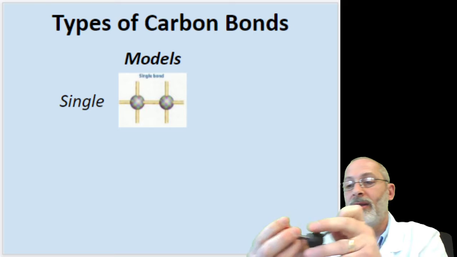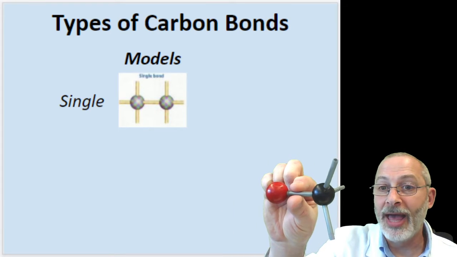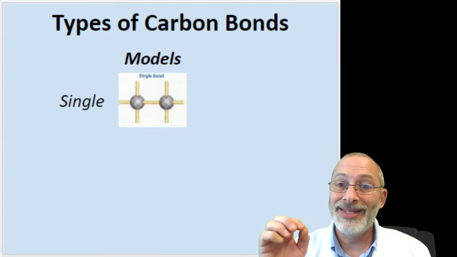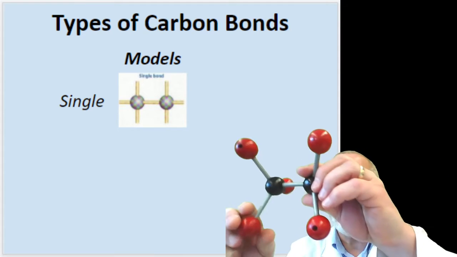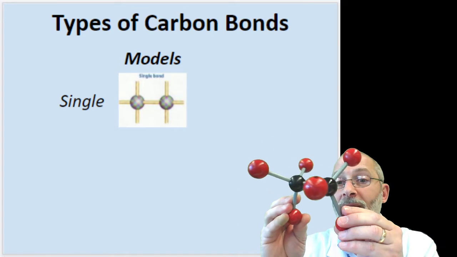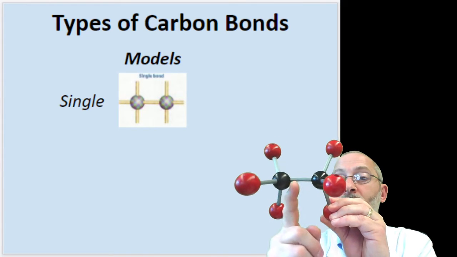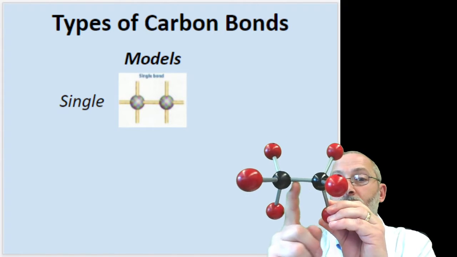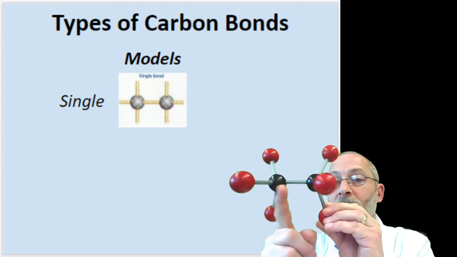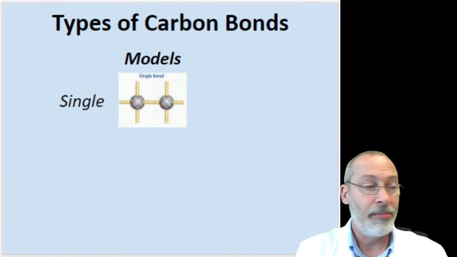And in this model, the other atom happens to be a hydrogen atom. But when we talk about single bonds, we're simply referring to how many rods or lines exist between 2 carbon atoms. So there's only one covalent bond here between these 2 carbon atoms. This is an example of a single bond.